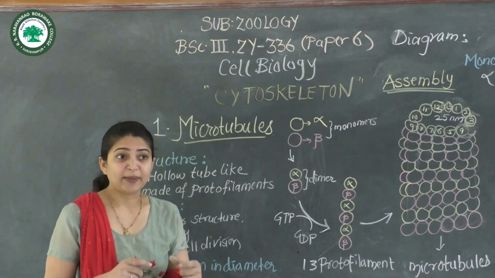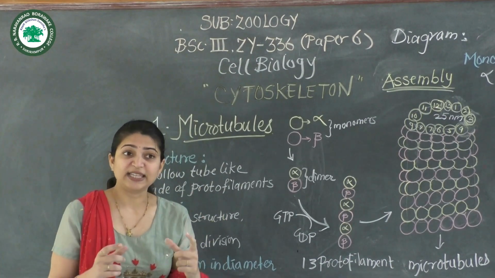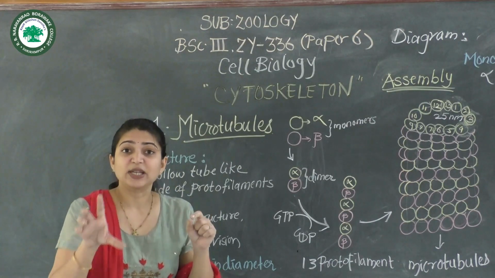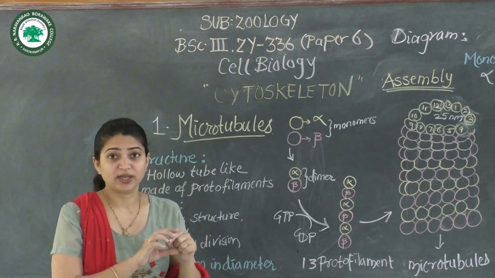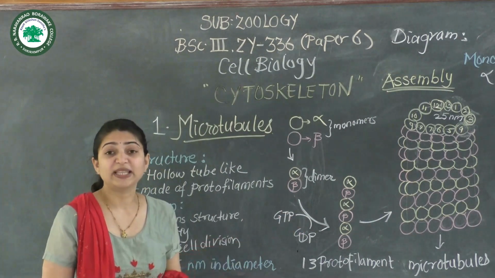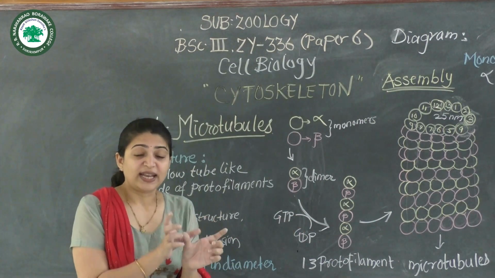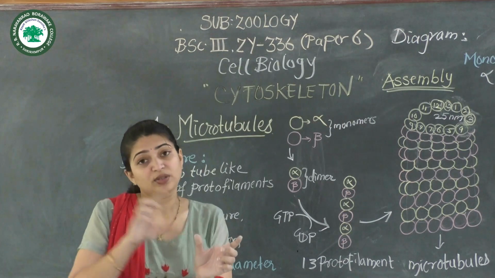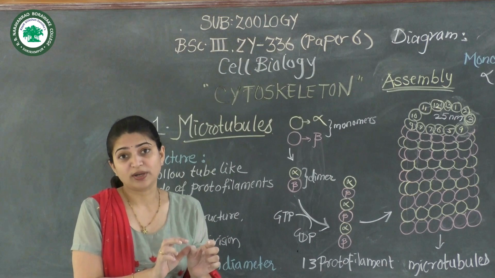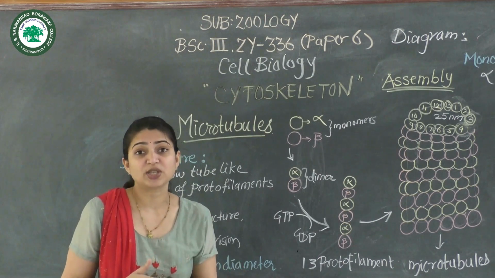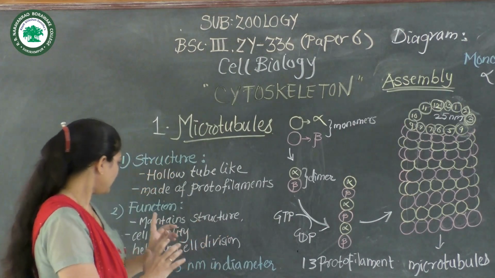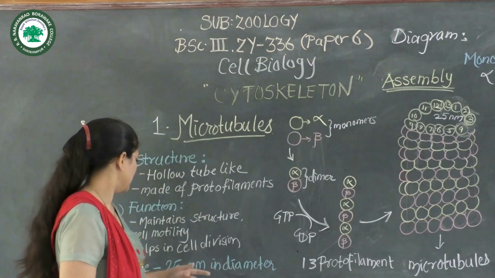During cell division, the spindle length is elongated as well as shortened. Who is helping that? That process is done by the microtubules, where the length of the filament is made long as well as short. That is nothing but microtubule formation. So it also helps in cell division.